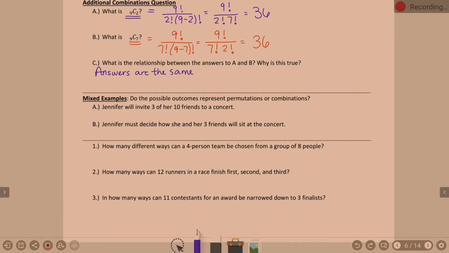What happened with those denominators? Yeah, the denominators ended up being the same, didn't they? 7 factorial and 2 factorial versus 2 factorial, 7 factorial. So answers are the same. I'm going to say because the denominators are the same.